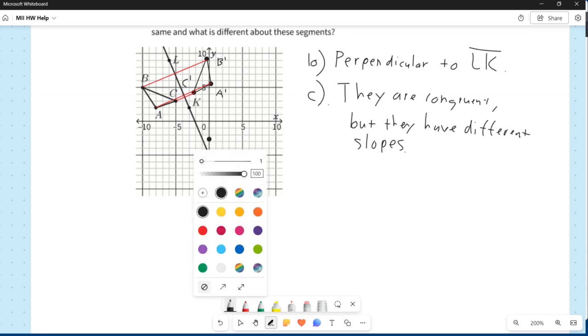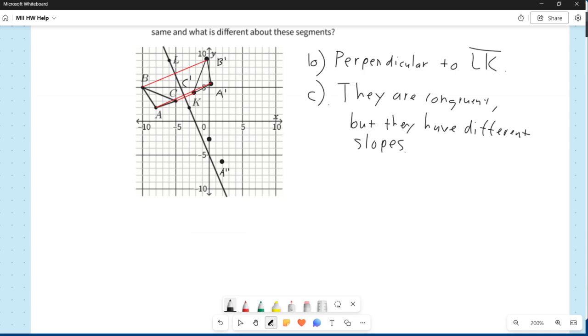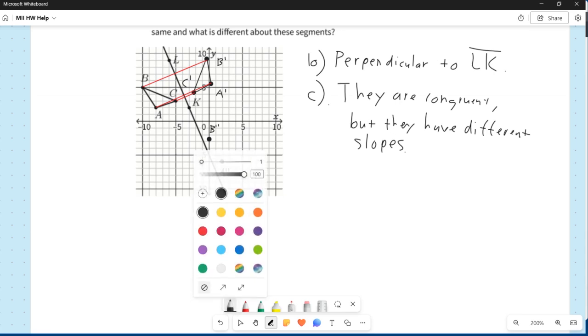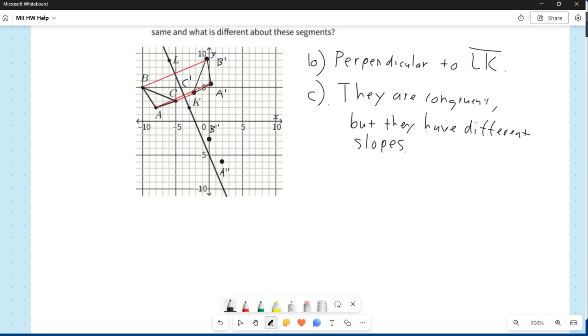And that is B double prime. Do the same thing with C. Go down 8. 1, 2, 3, 4, 5, 6, 7, 8 brings us to there. And to the right 10. 1, 2, 3, 4, 5, 6, 7, 8, 9, 10 brings us to right there.